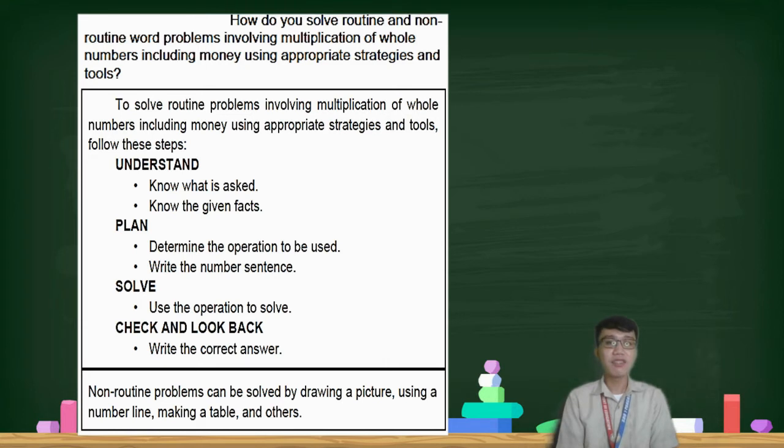Know the given facts. Plan. Determine the operation to be used. Write the number sentence. Solve. Use the operation to solve. Check and look back. Write the correct answer. Non-routine problems can be solved by drawing a picture, using a number line, making a table, and others.